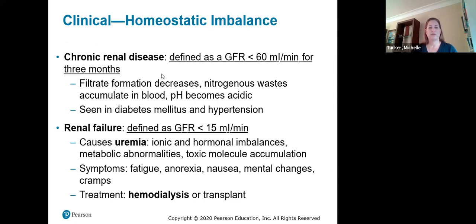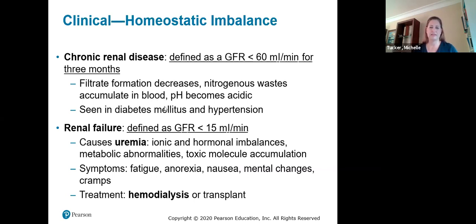Chronic renal disease is defined as a glomerular filtration rate, which we usually measure as creatinine clearance, of less than 60 mils per minute for a period of 3 months. Filtrate formation decreases, nitrogenous waste accumulates in the blood, and the pH becomes acidic. We'll talk about how this is compensated for next week.